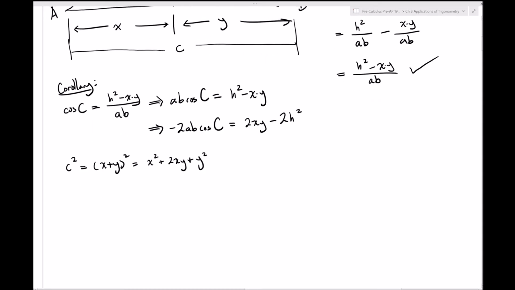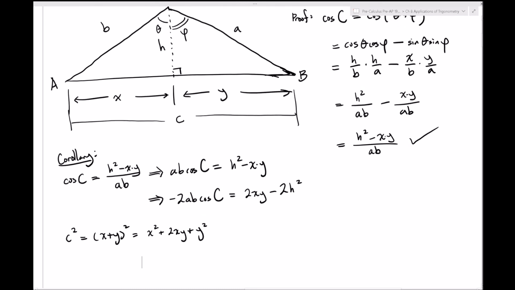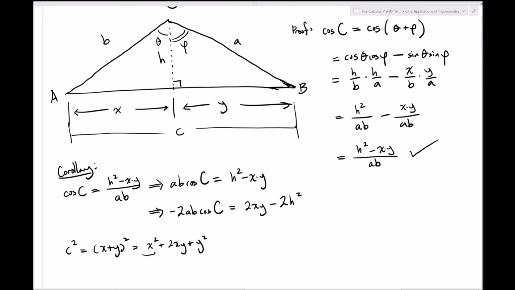Okay, so I'm a long ways off. I'm supposed to show that c squared is equal to a squared plus b squared minus 2ab cosine c, but so far I have c squared is equal to x squared plus 2xy plus y squared. So I still have a little bit to go. Let's talk about the quantities x squared and y squared.